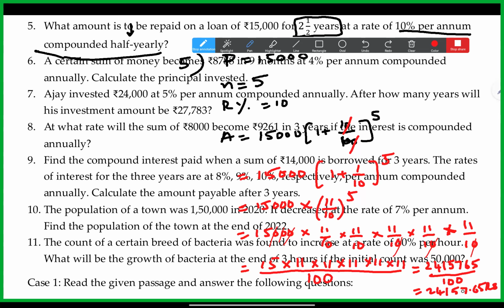Sir, is the numerator 241565? Yes, Ishwa, that is correct. So by 100, I shifted 2 decimals from the last.